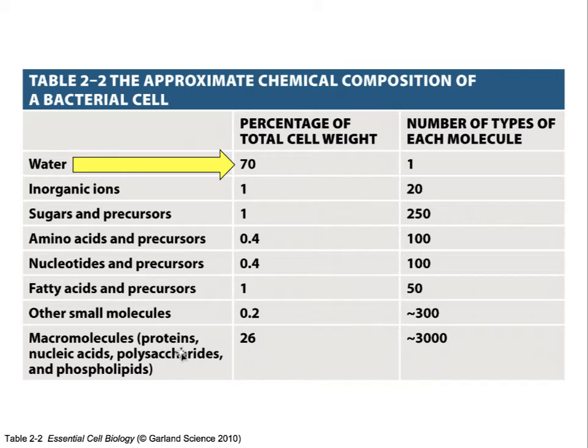And finally, at the bottom, we have macromolecules. Macromolecules are huge molecules made up of either amino acids or nucleotides or individual fatty acids and sugar precursors. And these macromolecules account for 25% of the mass of a cell, and there's over 3,000 different varieties.